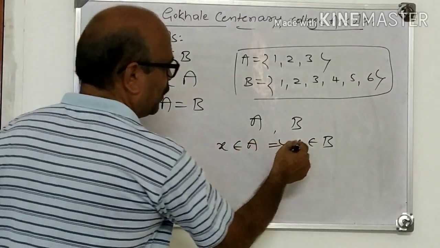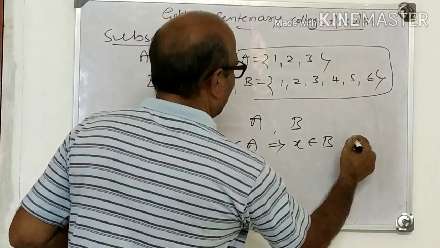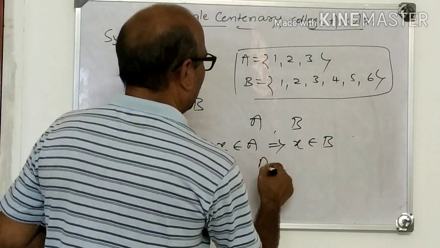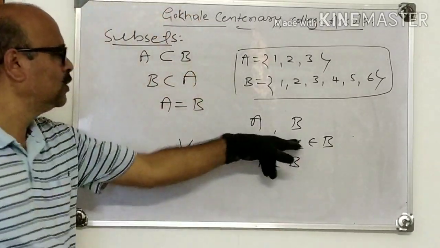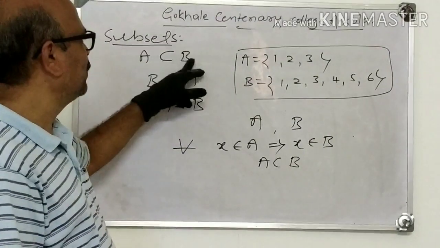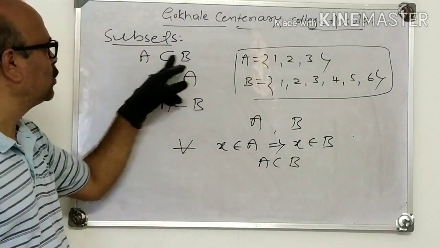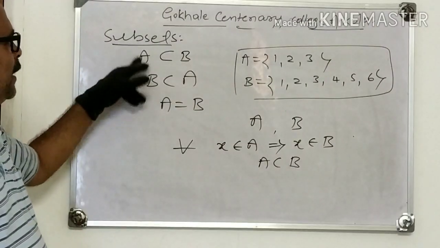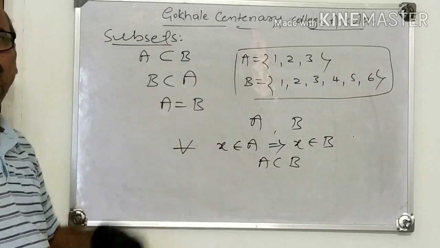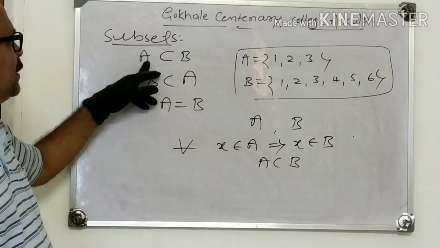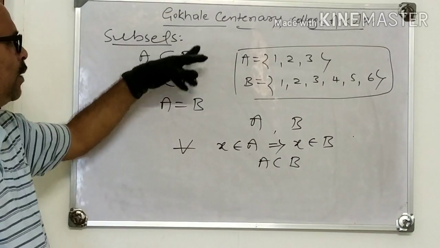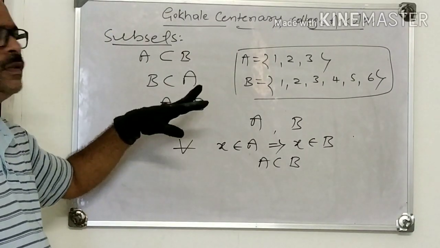If x belongs to A implies x belongs to B, for all x belongs to A, then A is contained in B. So what is a subset? Sometimes B is called a superset. A is contained in B, or B contains A. Different terminologies are there. A is a subset of B, A is contained in B, same. B contains A, that is also the same.